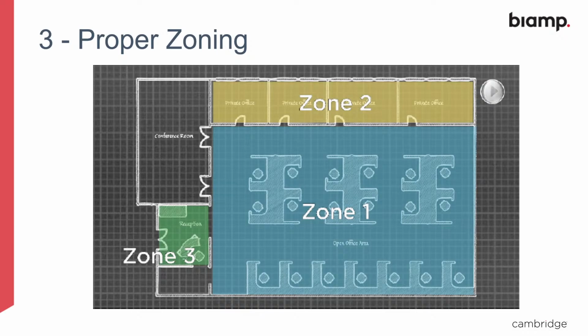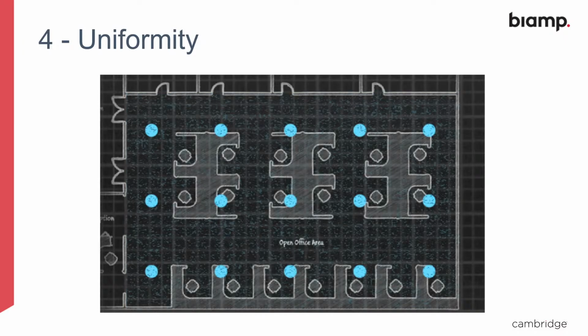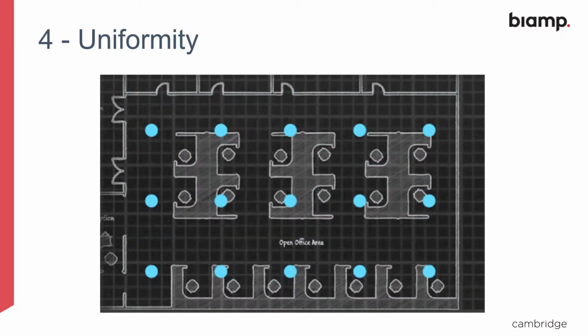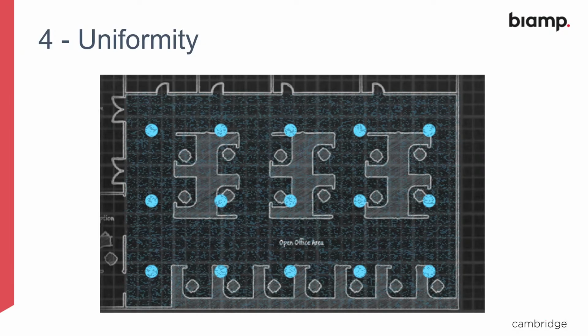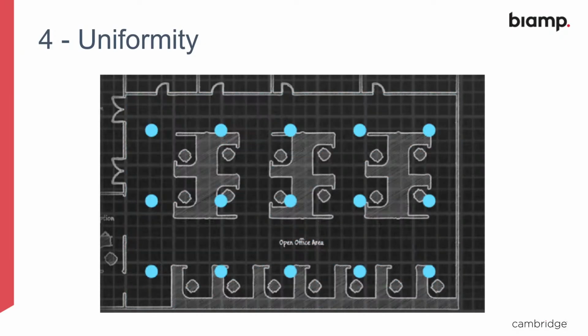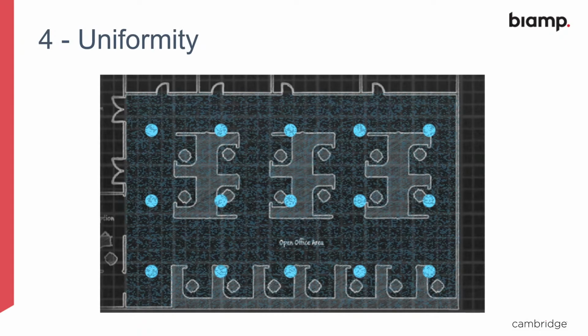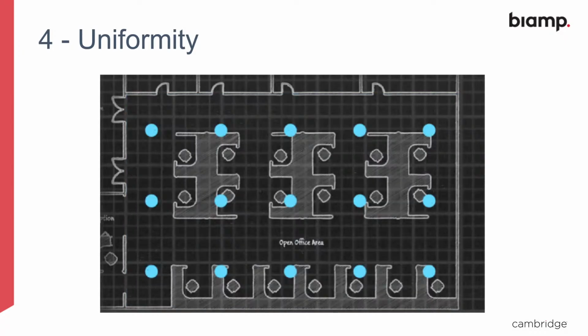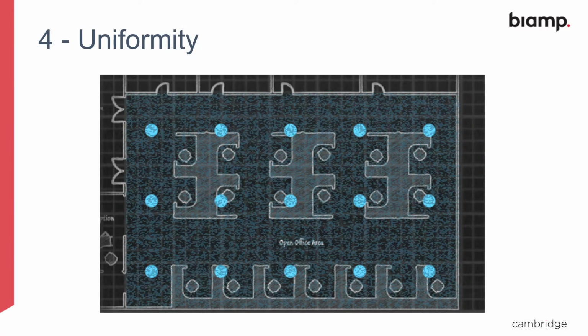And then lastly, as we mentioned, uniformity. You can see that graphic. You want to cover the area equally. If you take one of the vertical rows out, and one side of the property is not properly masked, then conversation in that area can be overheard. Correct.